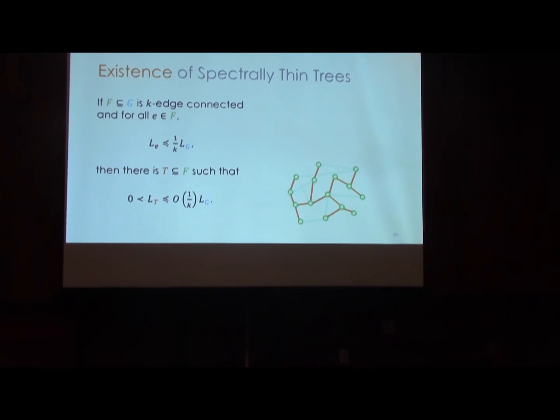You're taking the effective resistance with respect to the graph G, but the effective resistance is small only for the subset F. Then our result implies that you can find a spectrally thin tree that is a subset of F.